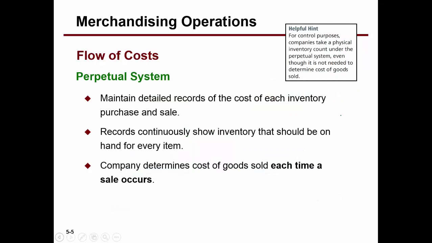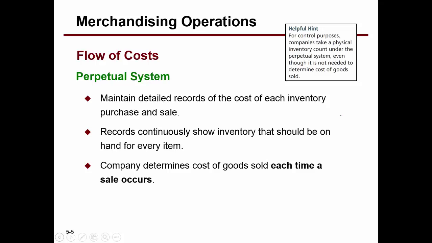So the accounting system that we just talked about, guys, is called a perpetual system. In a perpetual system, we update our inventory records and our cost of goods sold after each purchase of inventory and after each sale. And isn't that what we did? When we bought the inventory, we debited the inventory.